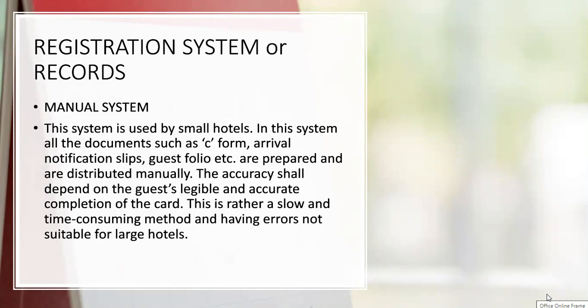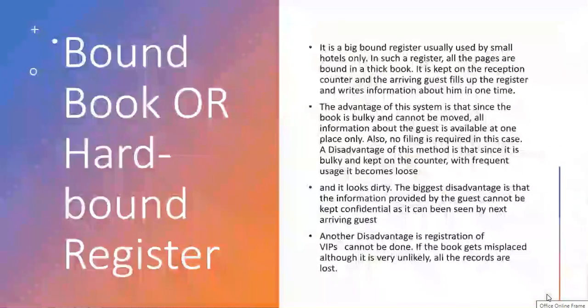In this system, documents such as the C form, arrival notification slips, and guest folio were prepared and distributed manually. The accuracy depended on the guest's legible and accurate completion of the card. This is a rather slow and time-consuming method, prone to errors, and not suitable for a larger hotel.